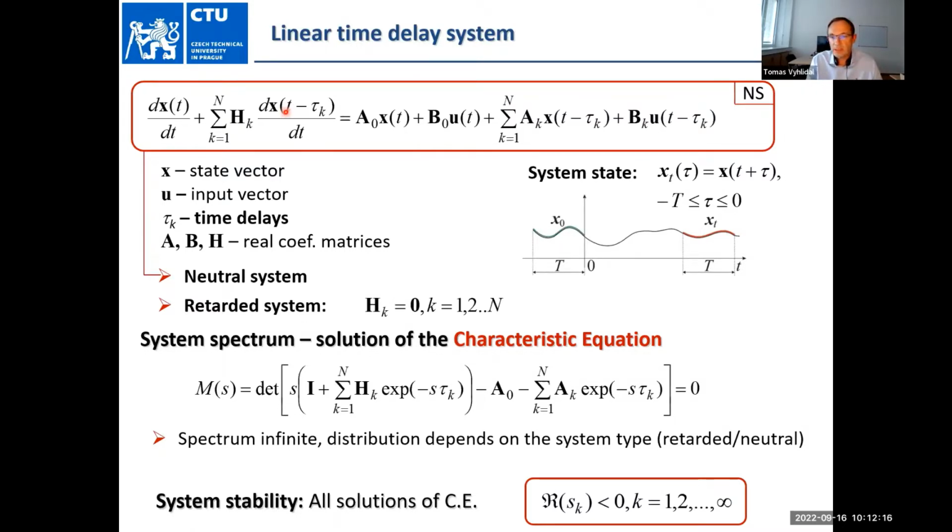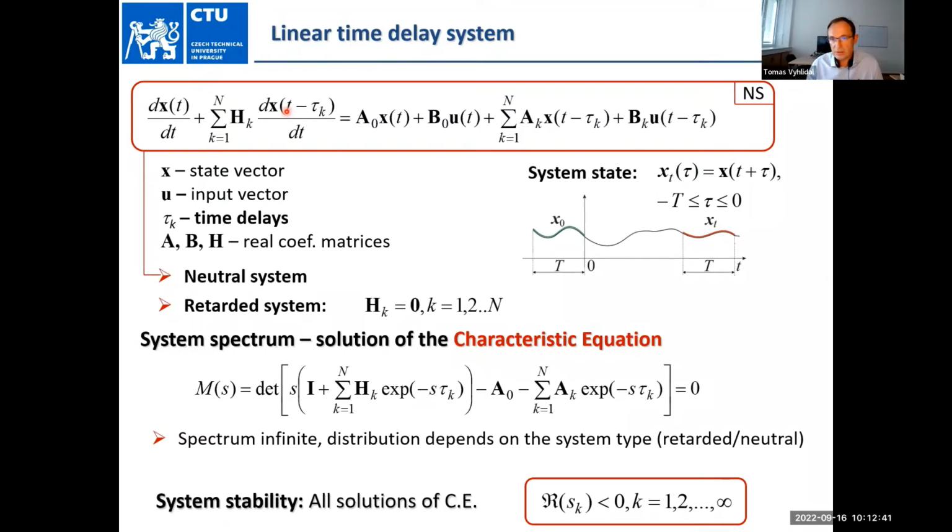The stability can be determined using the spectrum distribution. A typical feature of a time delay system is that we have infinitely many roots, and to have the system stable, they all need to be located to the left of the complex plane.